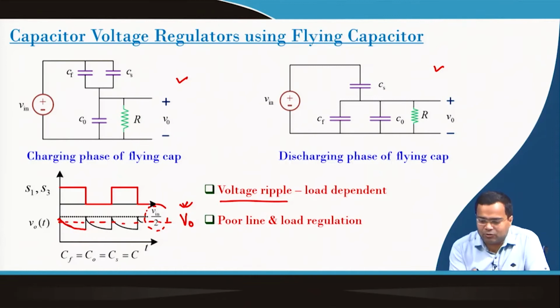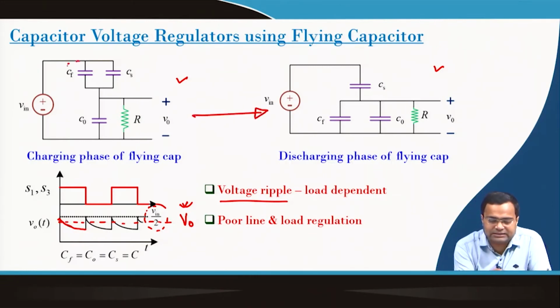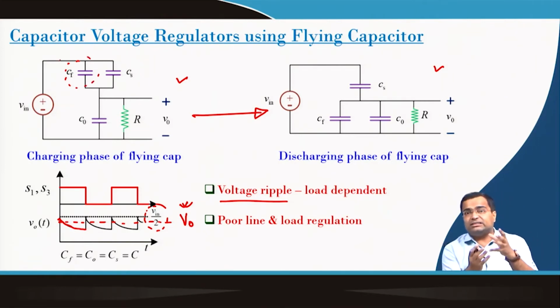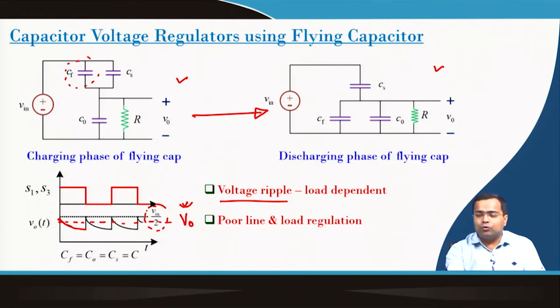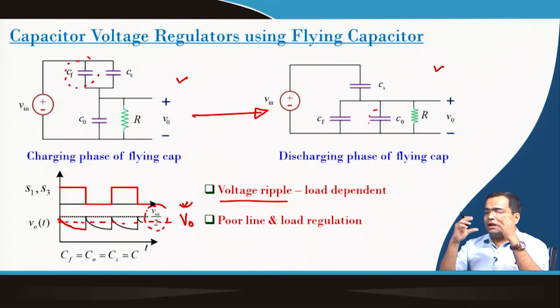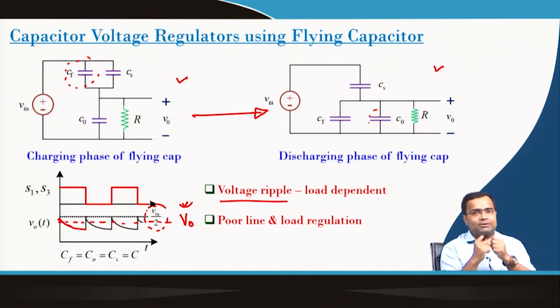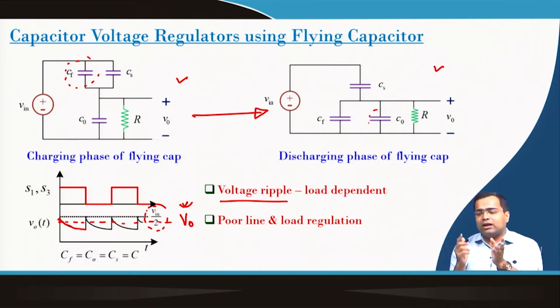Secondly, if you look from this to this configuration, when this flying capacitor was initially connected to the supply, this voltage was different than the output capacitor voltage. When you reconnect back, if the output capacitor is large, initially there is a voltage difference between the flying capacitor and the output capacitor. The flying capacitor is sitting at a higher voltage, whereas the output capacitor is sitting at a lower voltage.